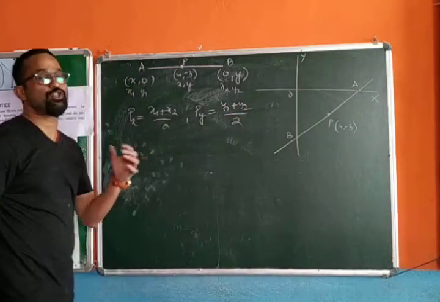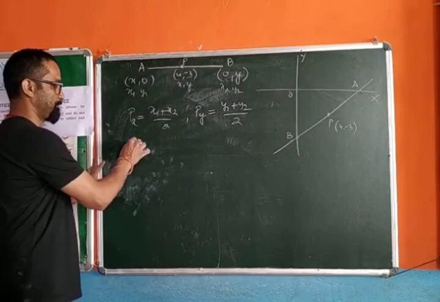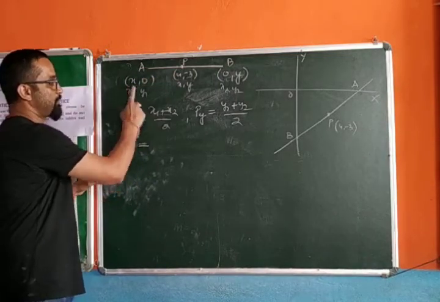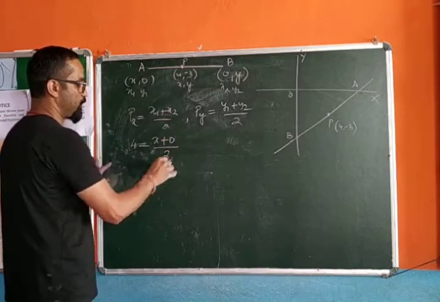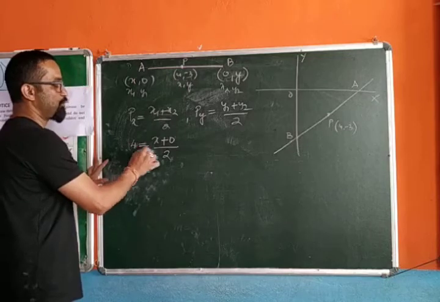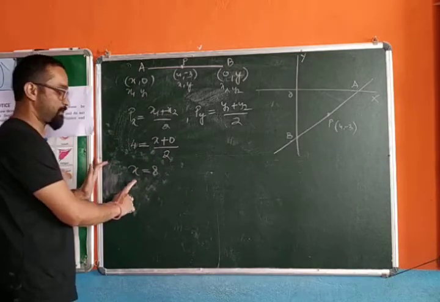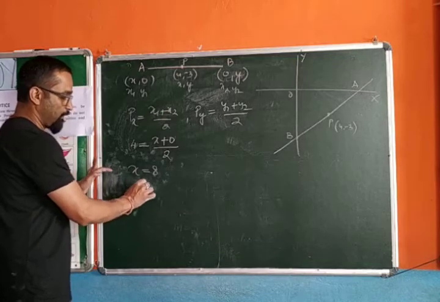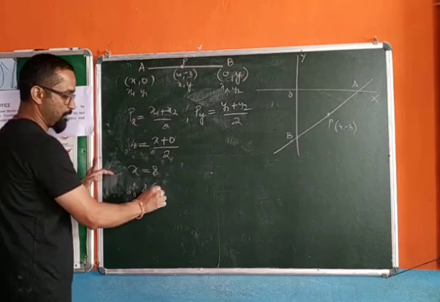Now substitution. Px is 4. x1 is x plus x2 is 0, divided by 2. x is equal to 4 times 2, which is 8. Therefore, A has coordinate (8, 0).